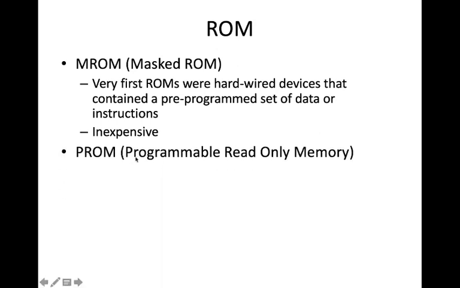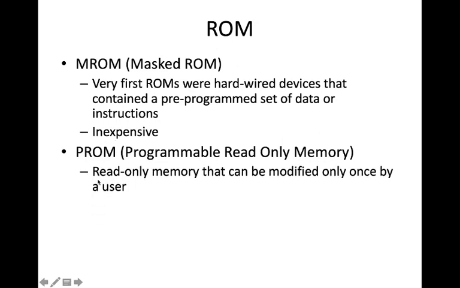Then came the programmable read-only memory, that is known as PROM. Programmable read-only memory. It is a read-only memory that can be modified only once by a user. So we can program it only once. We cannot change anything. If we program something, it will remain there in the PROM memory. After that, we cannot change or modify that program.